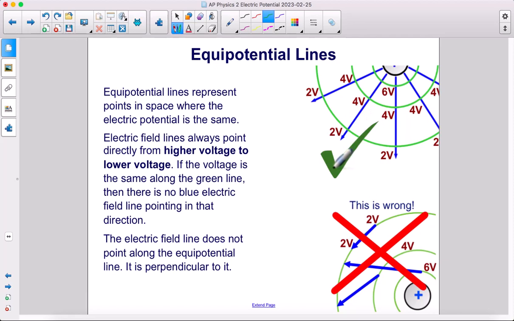The electric field line does not point along the equipotential line. It is perpendicular to it. So these lines are always perpendicular. Not like this. Here they're all over the place, randomly drawn. Here you can see that the electric field lines are always perpendicular to the equipotential lines.